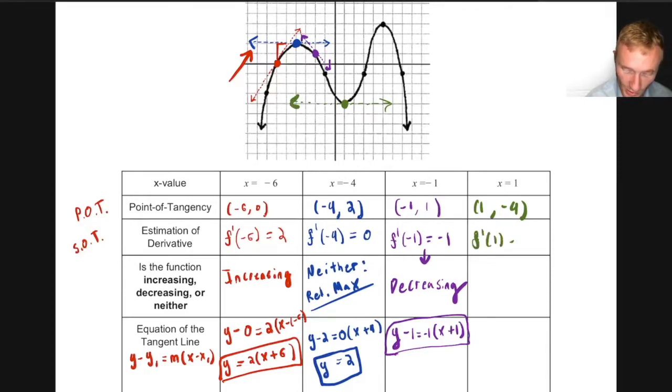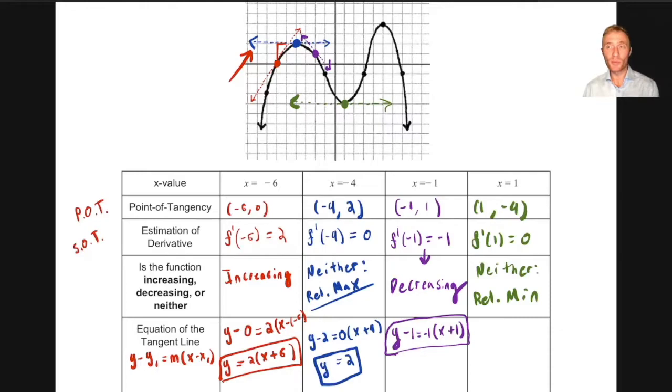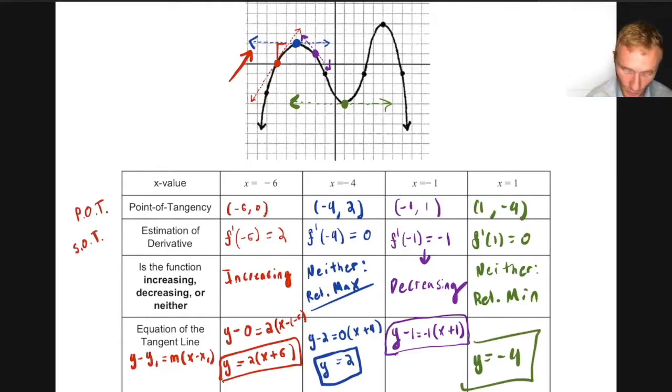F prime of 1 is also 0. We are neither increasing nor decreasing. We are at a relative minimum. And I can skip the whole point-slope form because I know how a horizontal line works. That's the horizontal line y equals -4.